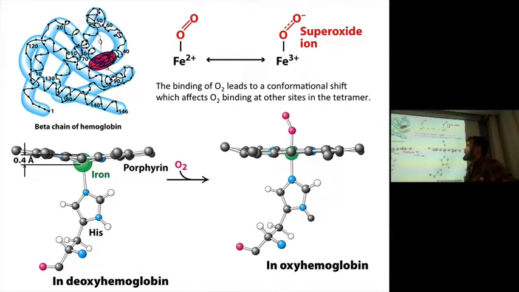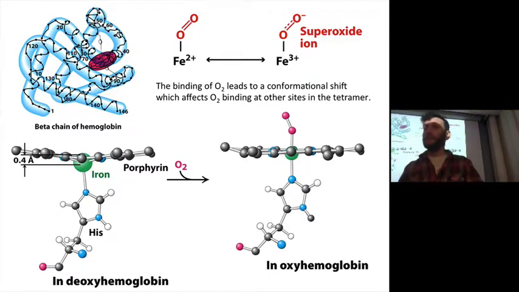So this conformational shift is not only felt by the subunit, the beta chain, for example, that it's found in, but that conformational shift is propagated and affects the relative conformations of the 3 other subunits in the hemoglobin.